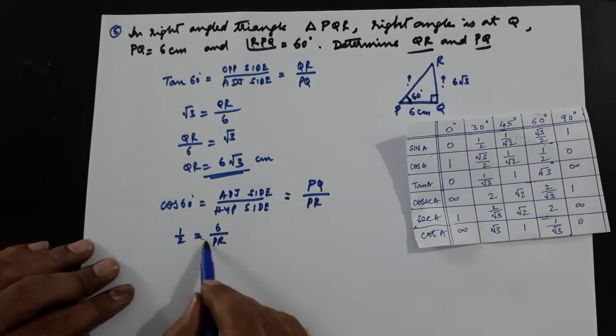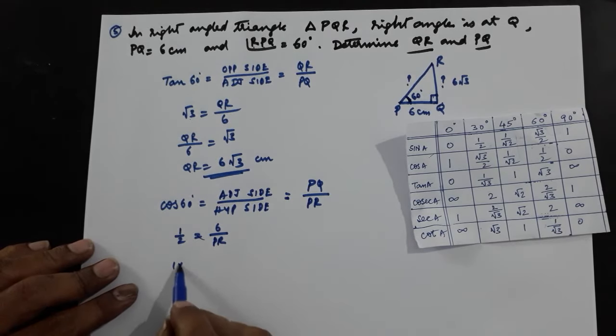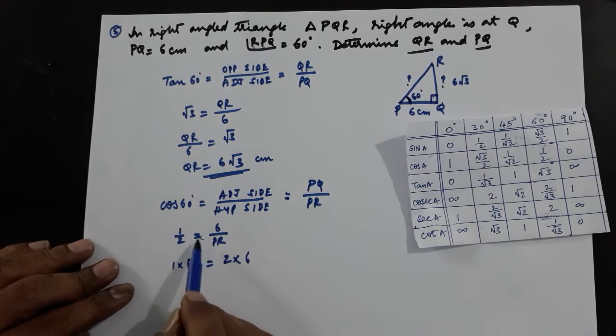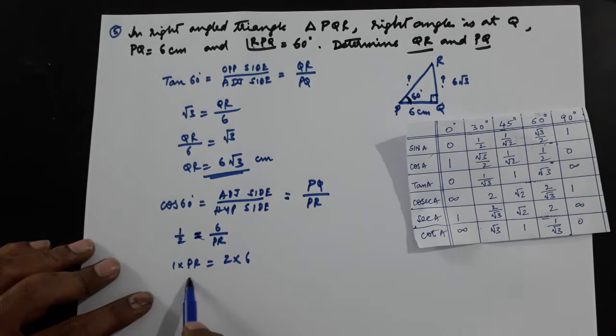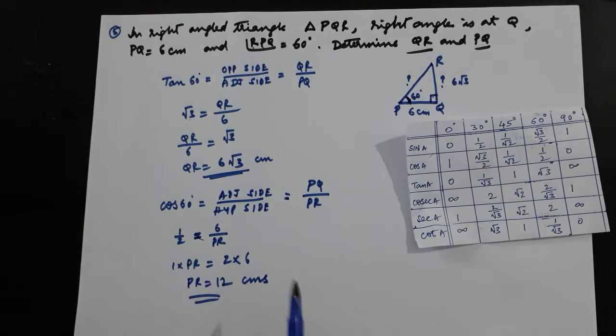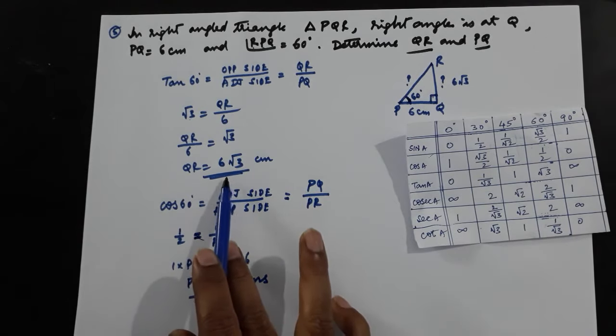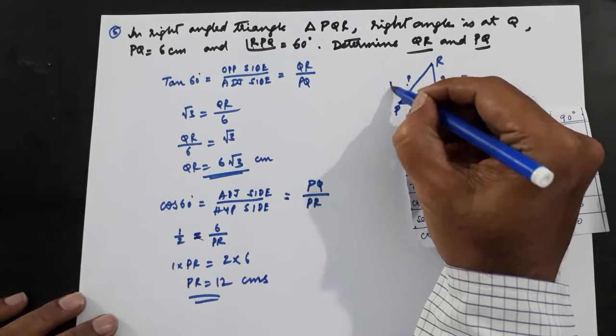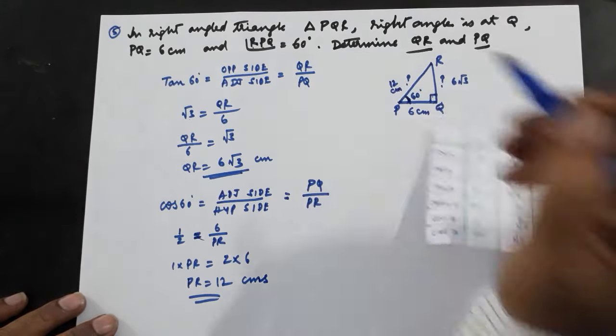So if you cross multiply, 1 into PR equal to 2 into 6. 1 into PR is PR, 6 twos are 12. So PR is 12 centimeters. So we got QR 6 root 3 centimeters and PR 12 centimeters.